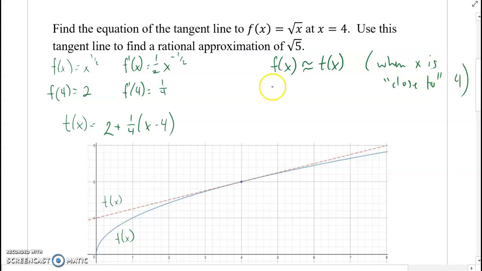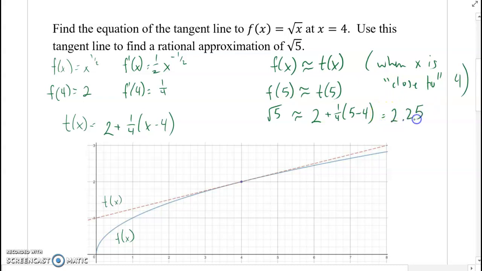In other words, if 5 is considered close to 4, then f of 5 is approximately equal to t of 5. So f of 5 is the square root of 5, and t of 5, we're just going to evaluate by plugging in an x value of 5. So it's going to be 2 plus 1/4 times 5 minus 4, or 1/4 times 1, or 1/4. And that's going to be 2 1/4, or 2.25.